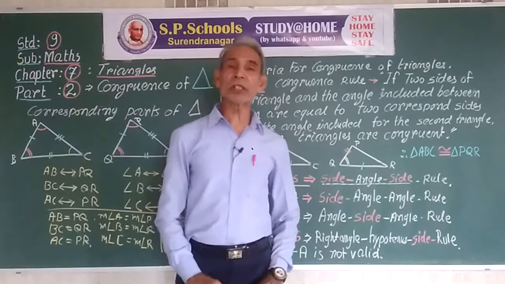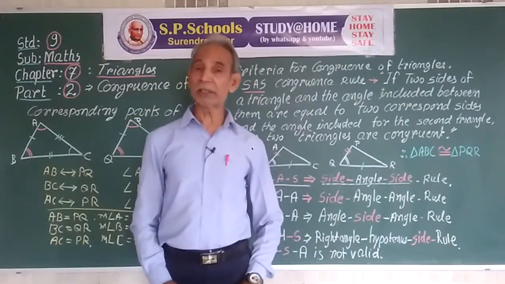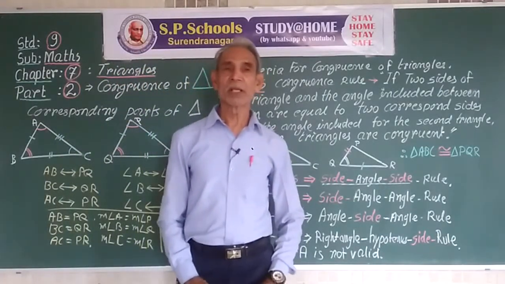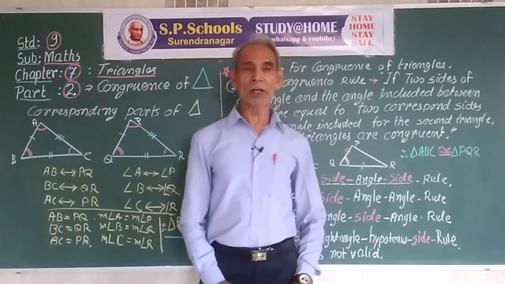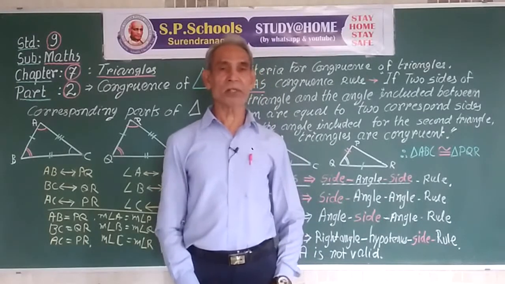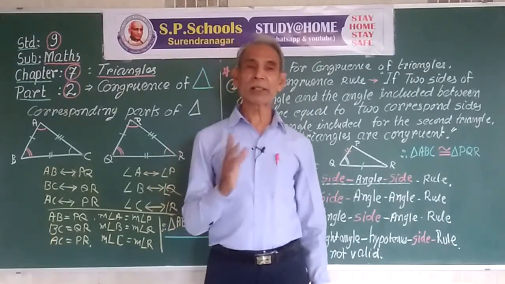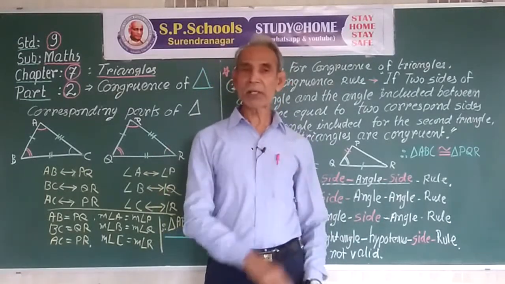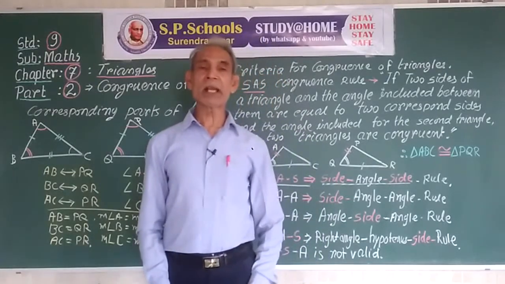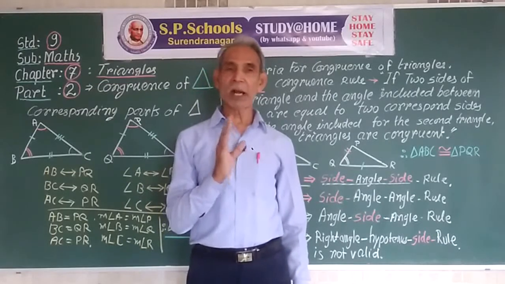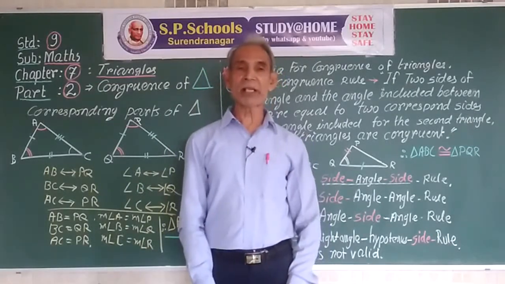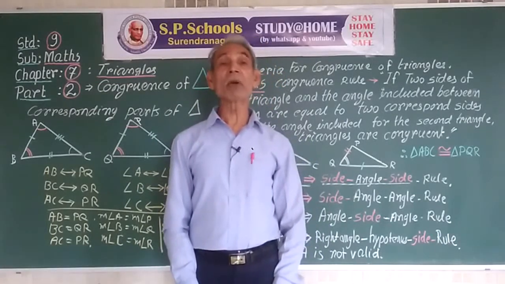Equality and congruency are 2 different concepts. Equality holds good for definite measures. 2 angles, if they have same measures, we may say that they are equal in measures. 2 line segments, if they have same lengths, we can say that they are of equal length.